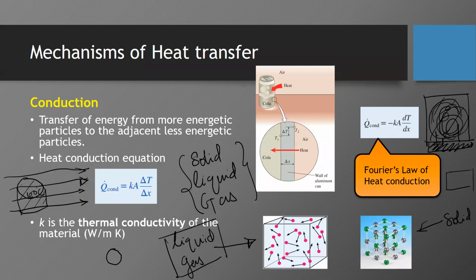Then you hit that ball with another ball that is moving fast, let's say with a velocity of 5 meters per second. When this ball A hits ball B, what will happen to the velocity of B?